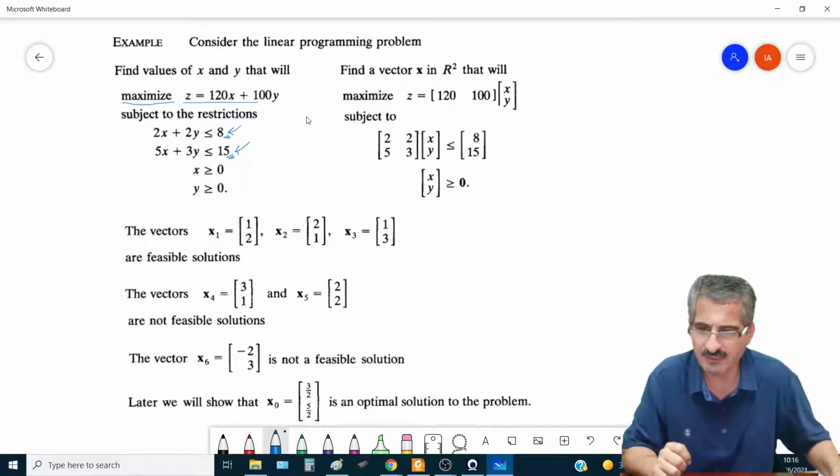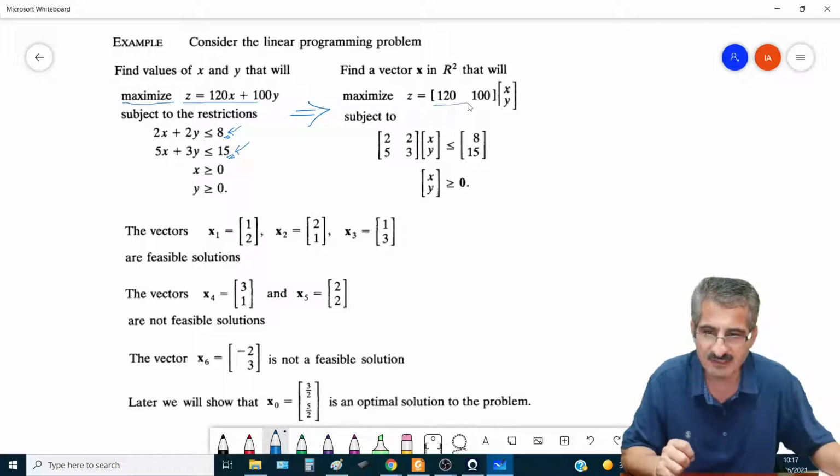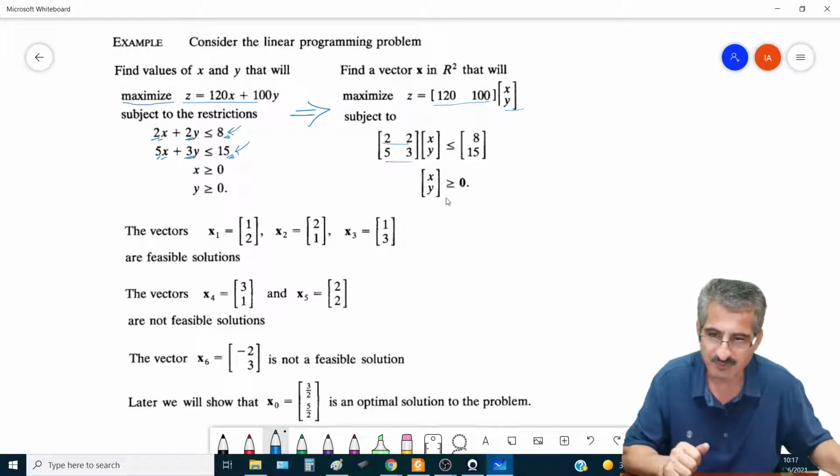Okay, moving this to matrix notation. So z is this vector times that. So 2 2 in here, 5 3. Take them and put them in rows. Here we go, and we are done.